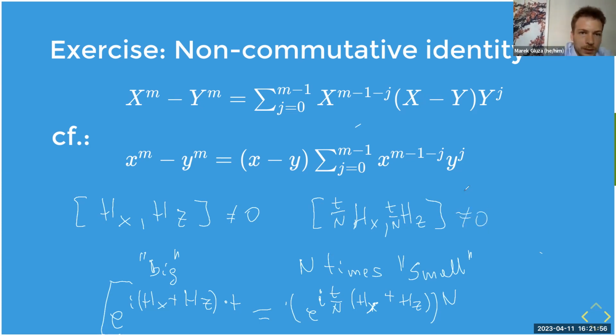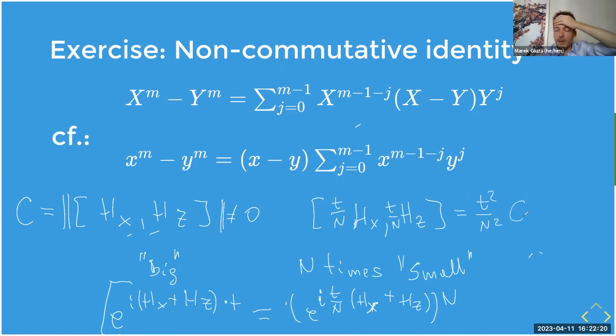We could define this to be some constant c. And what I'm writing here is quite important: we will find that this is t squared over n times our constant c.